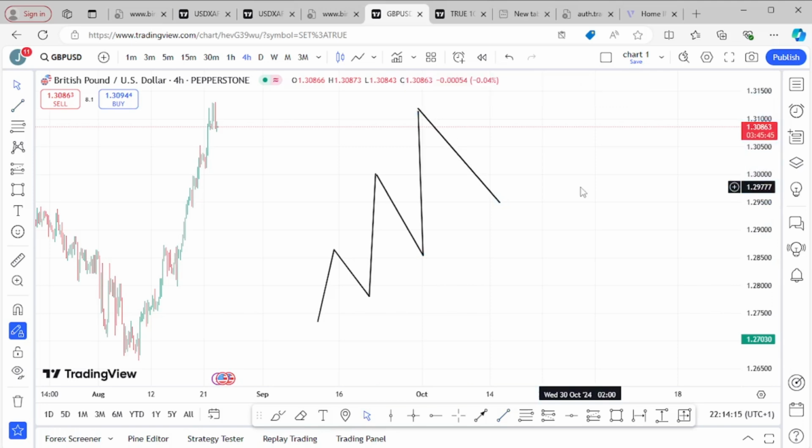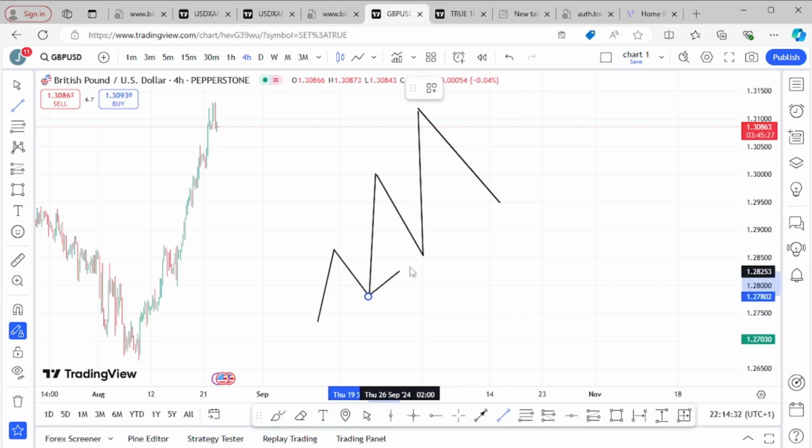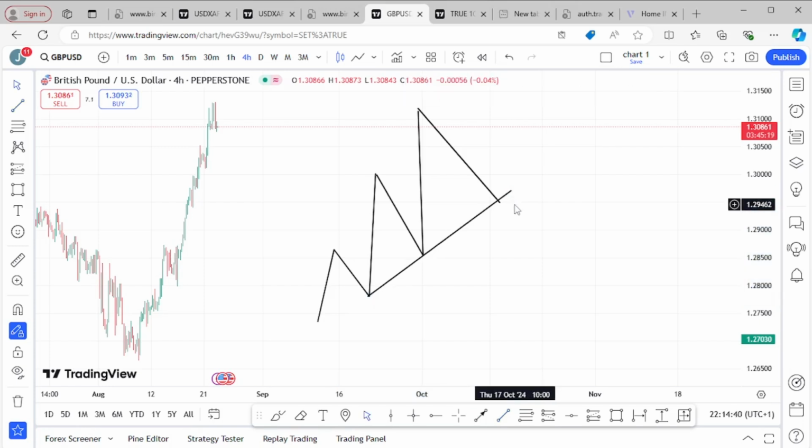So for you to draw your trend line, you locate either the peak, the upside, or the bottom, the downside. Since it's a bullish market, you look for the place that, let me adjust this a little bit.